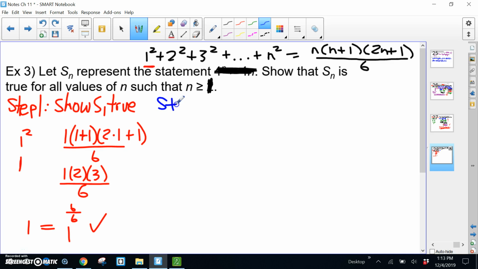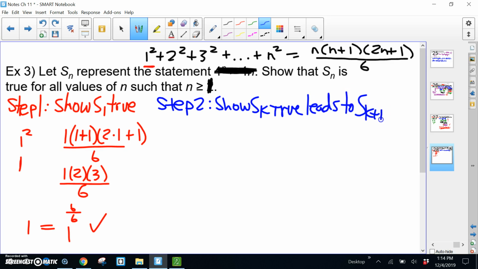Step 2. Show Sk true leads to Sk plus 1 true. So we start with an assumption.